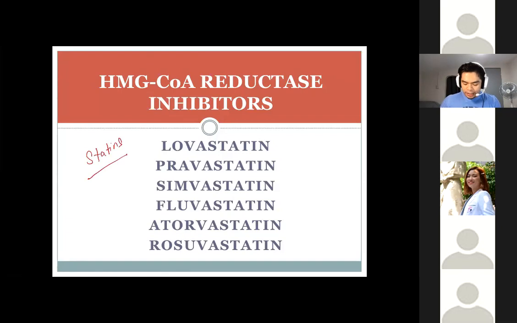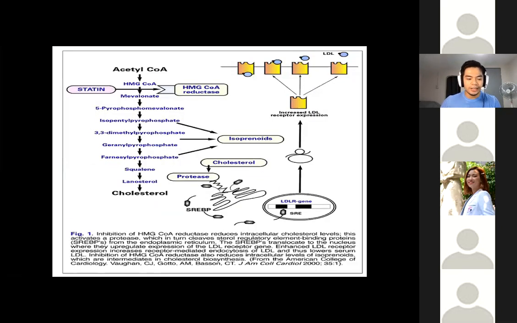Okay? So let's discuss the mechanism of action of HMG-CoA reductase inhibitors. Apparently, may idea na kayo what could happen by using statins kasi nag-invest na tayo kanina sa physiology. Am I right, everyone? Meron na ba kayong assumption what could happen here?